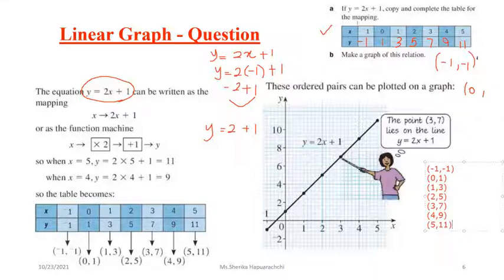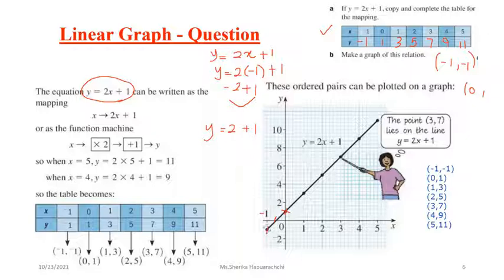Right, now I'm going to plot these points, right? That is what I'm going to do. Okay, now I'm going to plot this -1, -1. Right, here it's negative. Now I will get 0, 1.